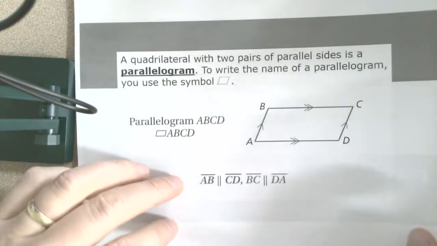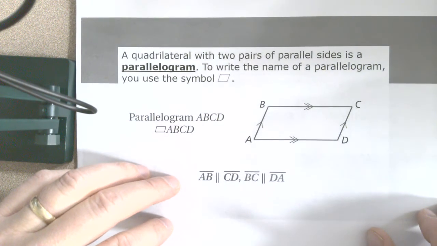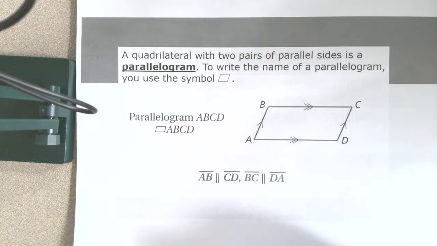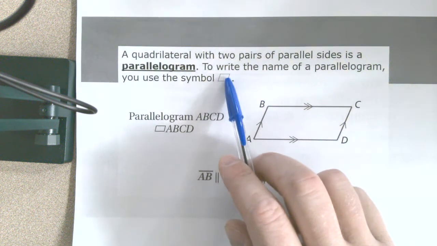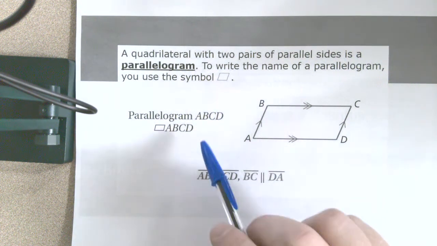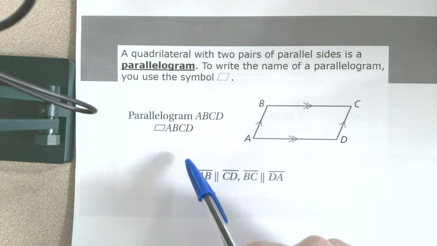Let's start with our main definition of a parallelogram and our first property. Again, you're going to want to write down there are 5 properties to a parallelogram that we're going to focus on. This first one says a quadrilateral with 2 pairs of parallel sides is considered a parallelogram. Again, we use this little symbol, basically a little picture of a parallelogram to represent that.